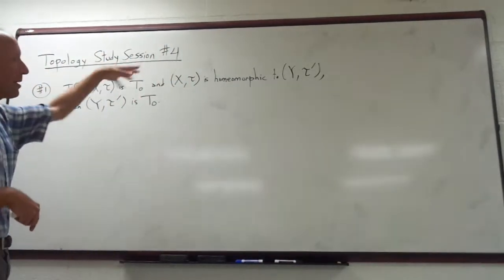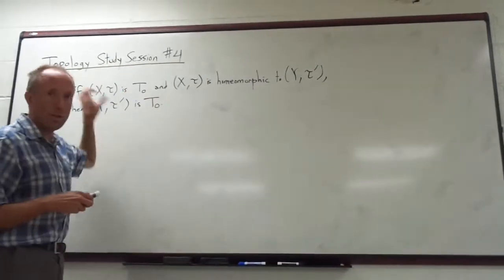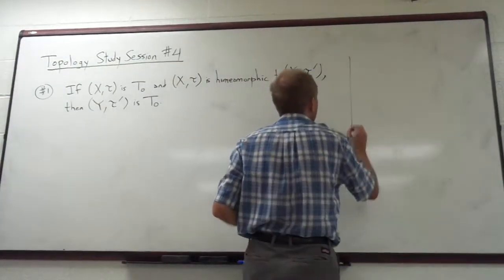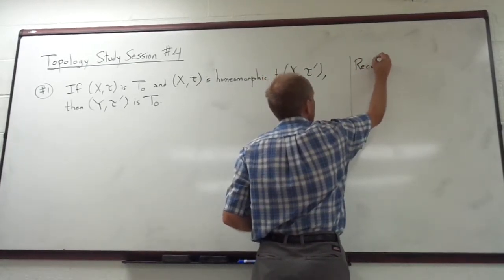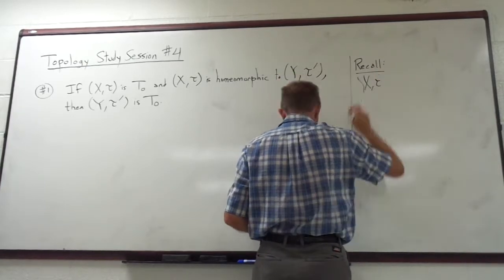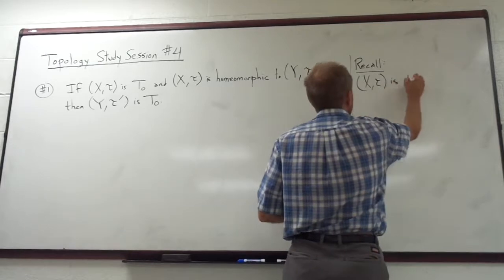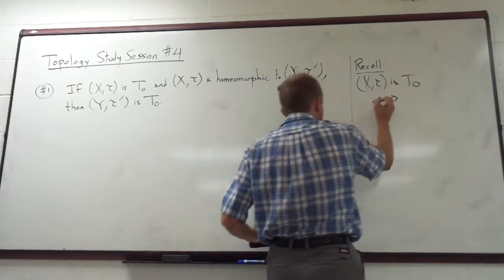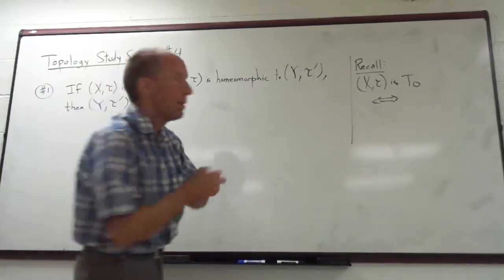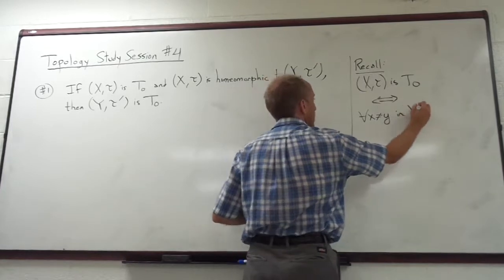So here's a problem that puts homeomorphisms together with this T0 condition. Maybe we could refresh our memory over here on what T0 means. So (X, tau) is T0. Can you guys remind me of the definition? For every x not equal to y, there exists a neighborhood around one of them that does not contain the other.